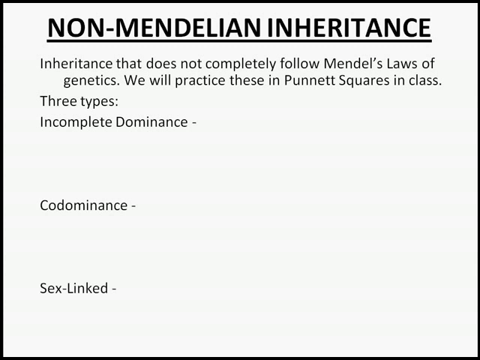For males, it only takes 1 X, because that's all we have. Therefore, that's why you saw it was 8% in males and almost non-existent in females. We will do some of these practice problems in class on the back of your notes.